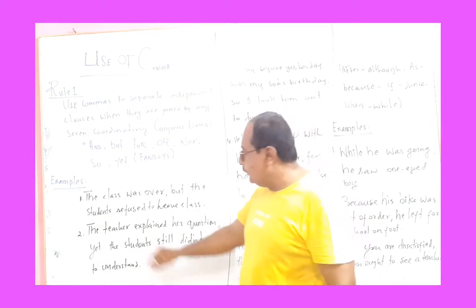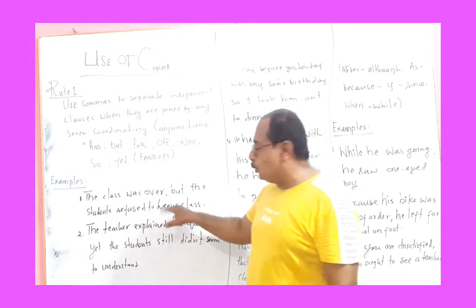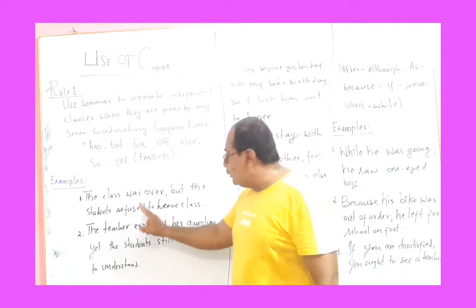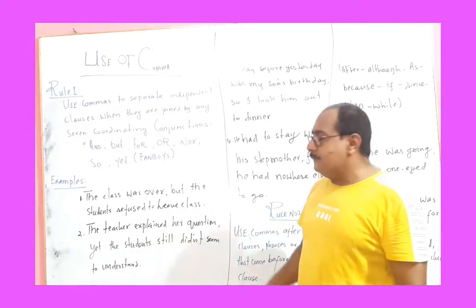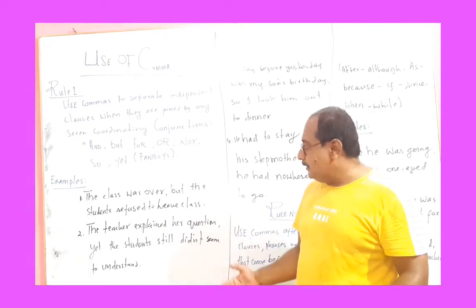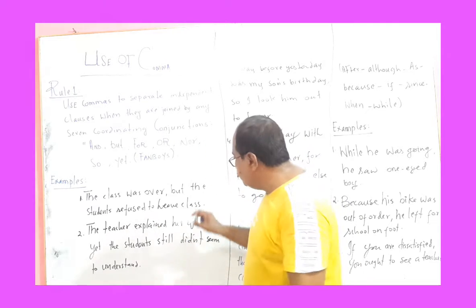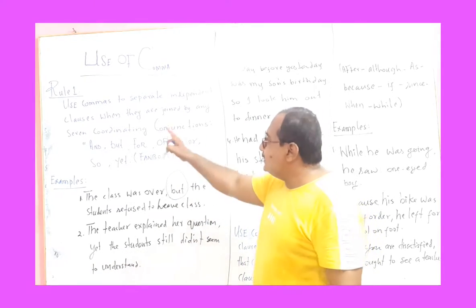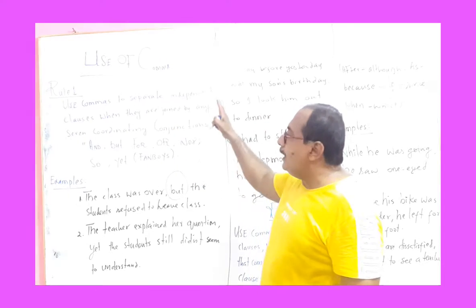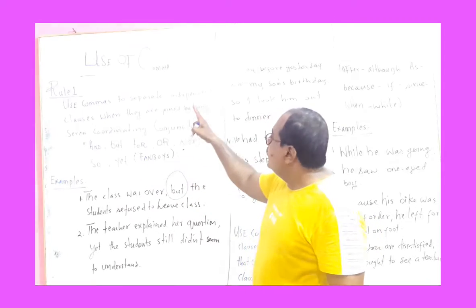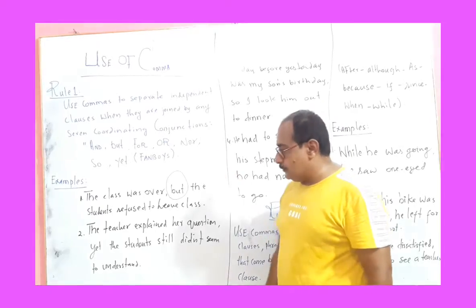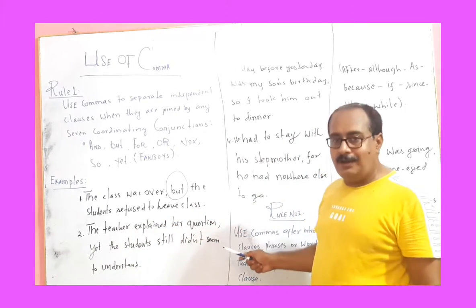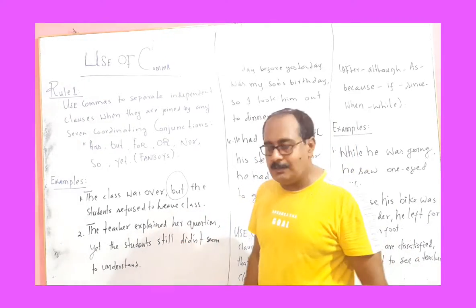See the example. The class was over, but the students refused to leave the class. Here we have used the word but. It says when they are joined by a coordinating conjunction, separate independent clauses. The students refused to leave class is an independent clause.